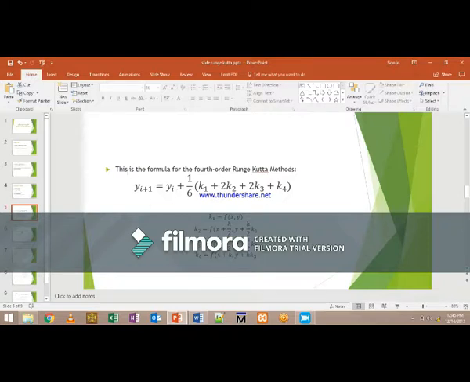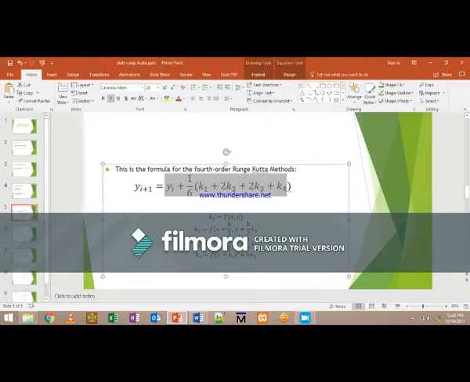This is the formula for the fourth order Runge-Kutta method, where yi plus 1 equals to yi plus 1 over 6 times k1 plus 2k2 plus 2k3 plus k4, whereas k1 equals to function of x and y, and k2 equals to function of x plus h over 2, y plus h over 2 times k1, and k3 equals to function of x plus h over 2 and y plus h over 2 times k2, and k4 equals to function of x plus h and y plus h times k3.